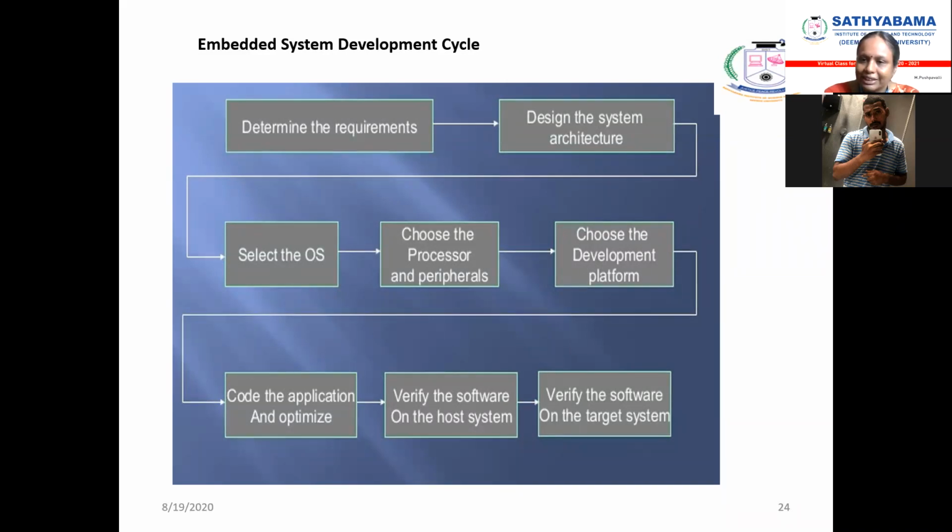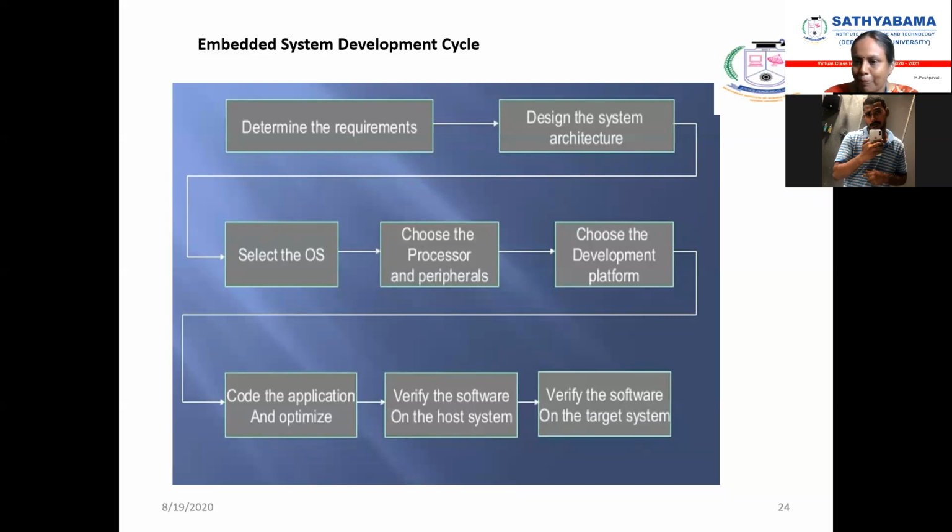So embedded C or assembly language program, and then choose the processor and peripherals. I told you that processor and peripherals, in a sense, are the same thing. We have designed the system architecture and decided whether a microprocessor or microcontroller is needed, and whatever else is needed.